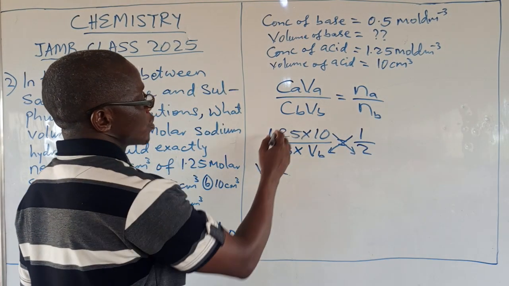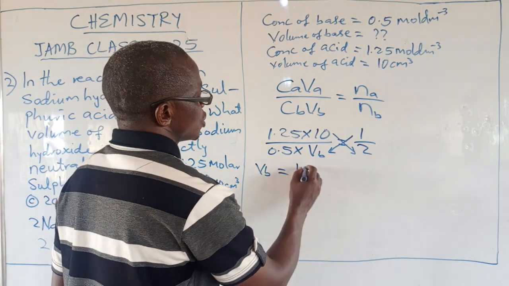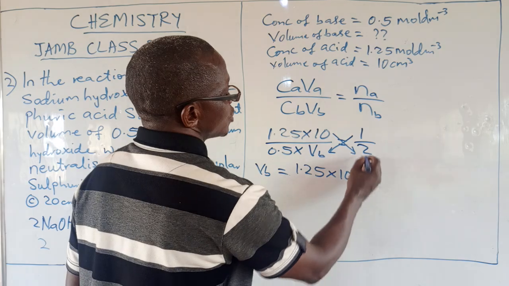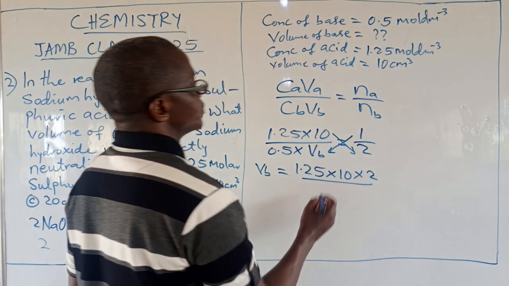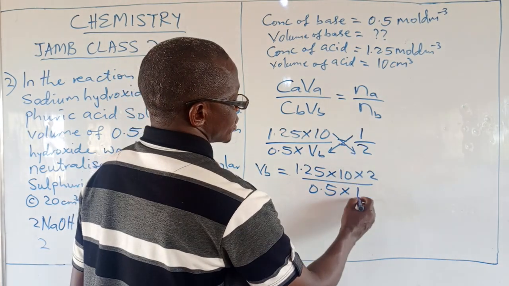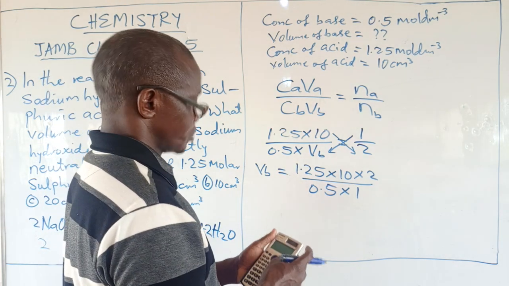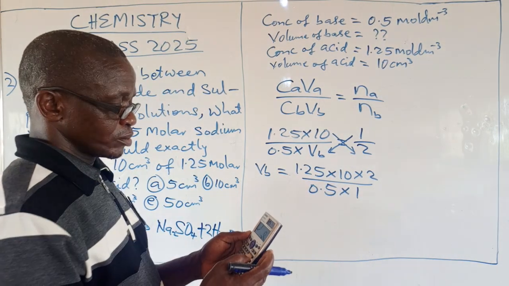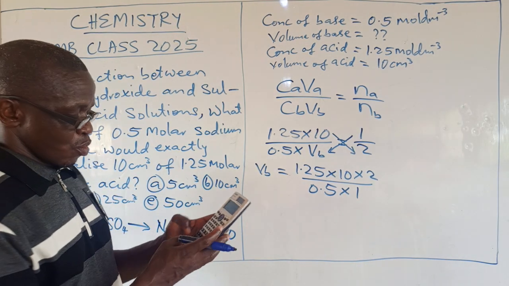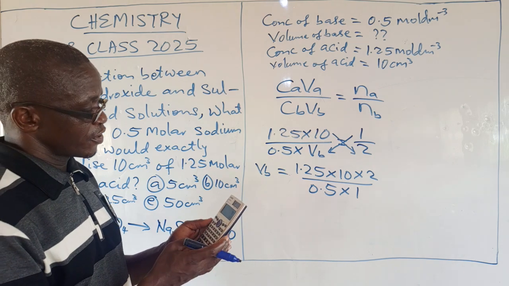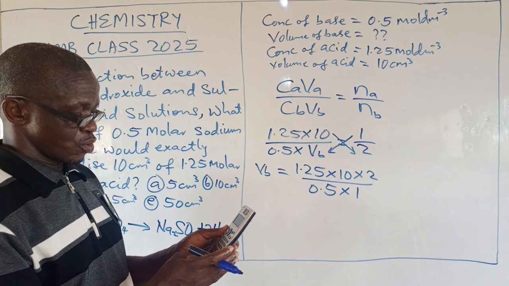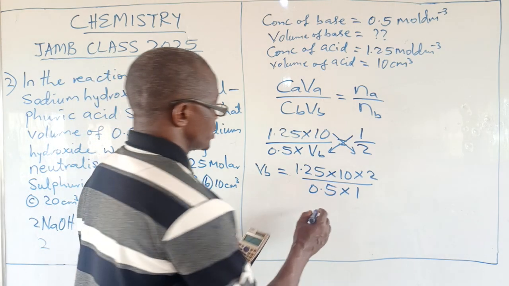So Vb equals 1.25 times 10 times 2, all over 0.5 times 1. Let's start: 1.25 times 10 times 2 gives me 25.